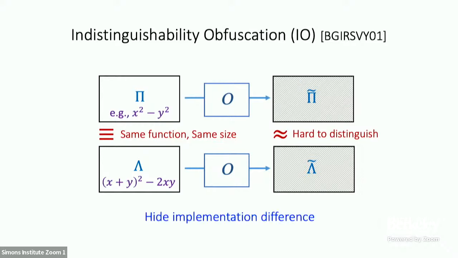In other words, IO only hides the differences in different implementations of the same function. This is indeed much weaker, and now IO is possible. Although on the flip side, it is no longer clear whether it is really powerful and useful.